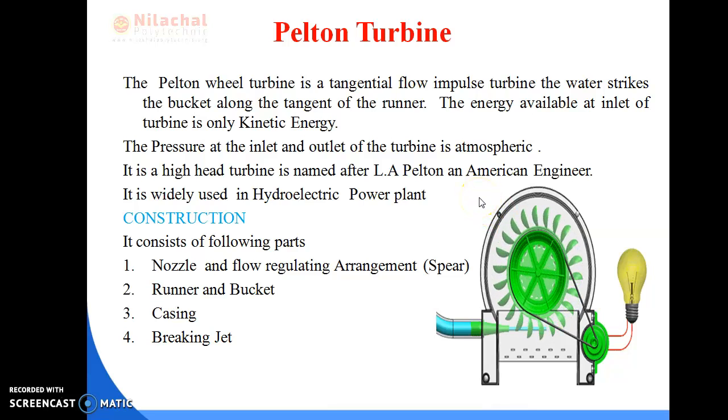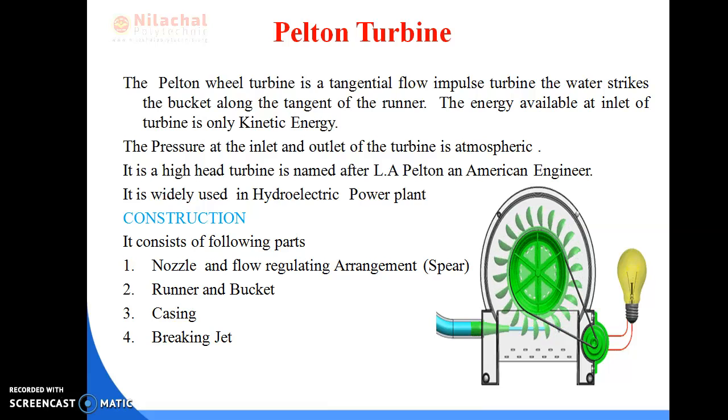We are going to study what the different types of impulse turbine are. A Pelton wheel turbine is a case of a tangential flow impulse turbine. In the Pelton wheel turbine, the energy of water at the outlet of the penstock is kinetic energy.